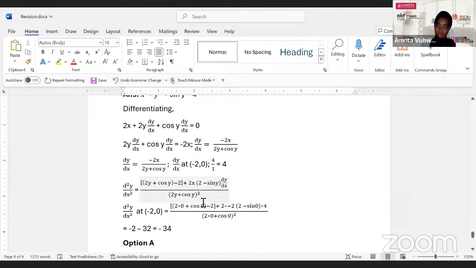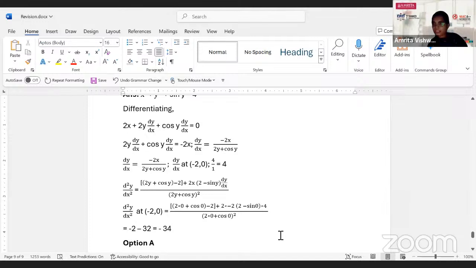Minus 32, this will be, and this will be a minus 2. So minus 2 plus minus 32, that becomes minus 34. I hope the sign is clear to all of you. Okay, there is a negative, completely fine.